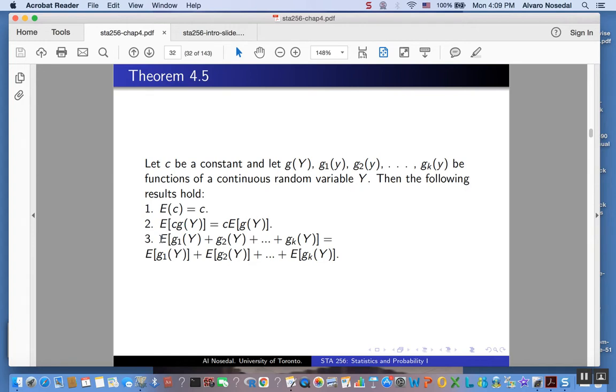The other one, the expected value of a sum of transformations equals the sum of expected values. Make sense? And again, you have seen properties similar to these in the discrete case.